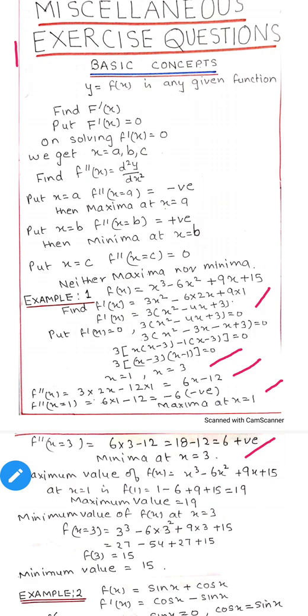Put x is equal to 1 in f(x) is equal to x cube minus 6x square plus 9x plus 15. We get the maximum value, that is 19. Put x is equal to 3 in the function, we get minimum value f(3) is equal to 15.